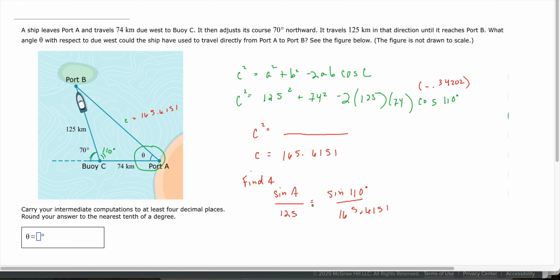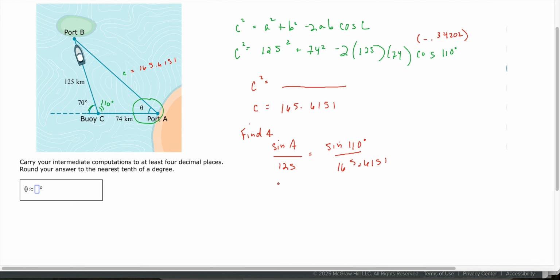Okay, so really you can think of cross multiplying here. You can think of multiplying both sides by 125 to get sine A by itself.